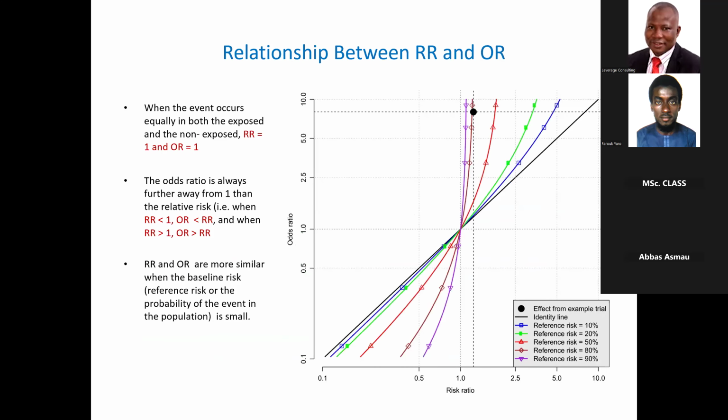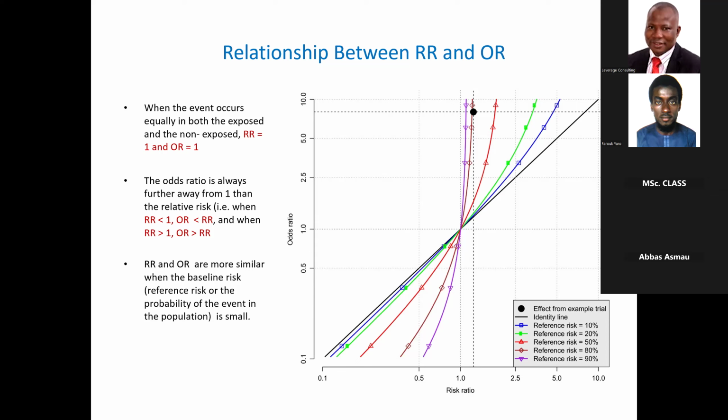Now, this last one I'm trying to explain. The odds ratio is always further away from 1 than the relative risk. When relative risk is less than 1, the odds ratio is always less than relative risk.